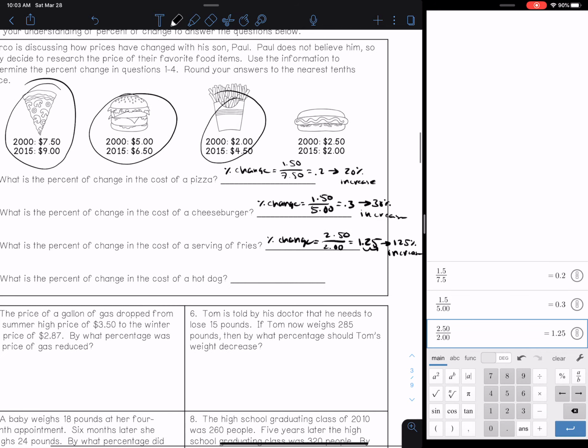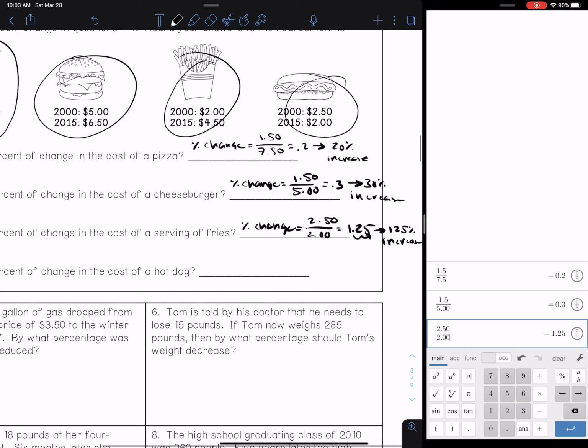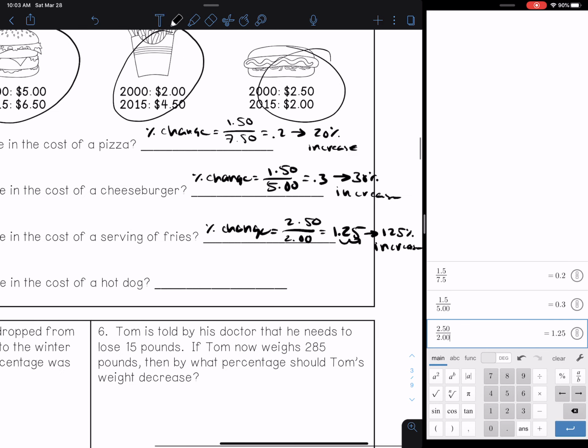All right, what is the percent change in the cost of a hot dog? Oh, look at that. I don't know how I feel about that. Is it cheaper quality or something? Percent of change equals the amount of change. It used to cost $2.50. Now it costs $2, so that is a change of 0.50. The original amount is 2.50. So you get 0.50 divided by 2.50, and you get 0.2.